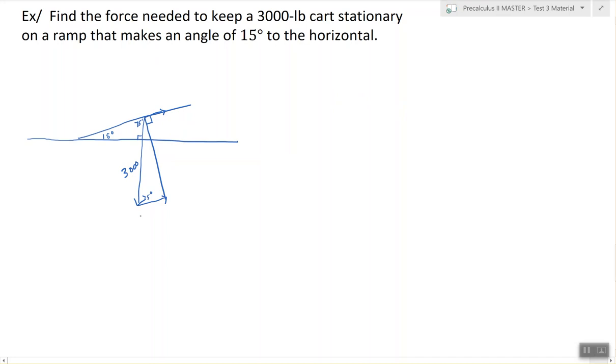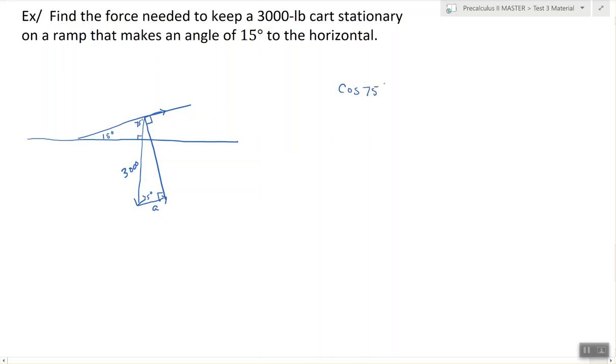So now we can just use simple right triangle trig to figure out the length of this vector. And that's all we want, is the force needed. That's going to be the magnitude or the length of that vector. I have a right angle here. That means that this is the adjacent side and the hypotenuse. That would be my cosine function.